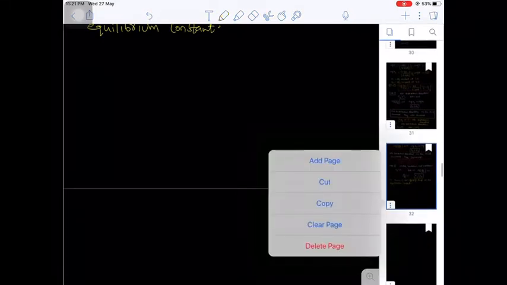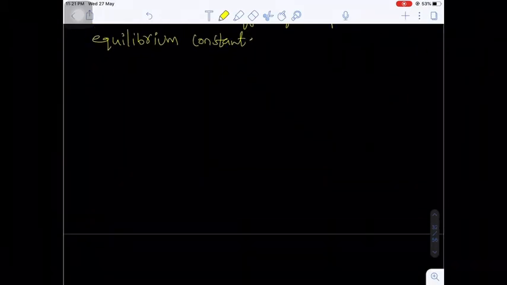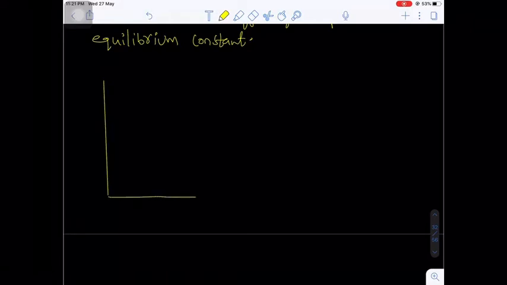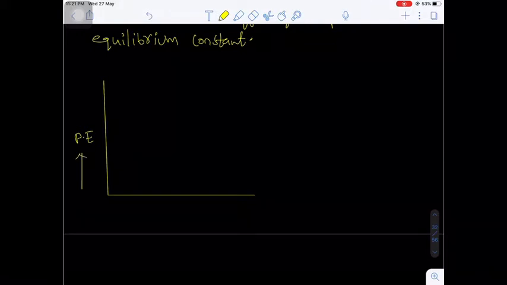Okay. Now come to some graphical representation. Here, how to represent the exothermic reactions and endothermic reactions. Let's suppose I am drawing a graph. On the y-axis, I am taking the potential energy of the system.